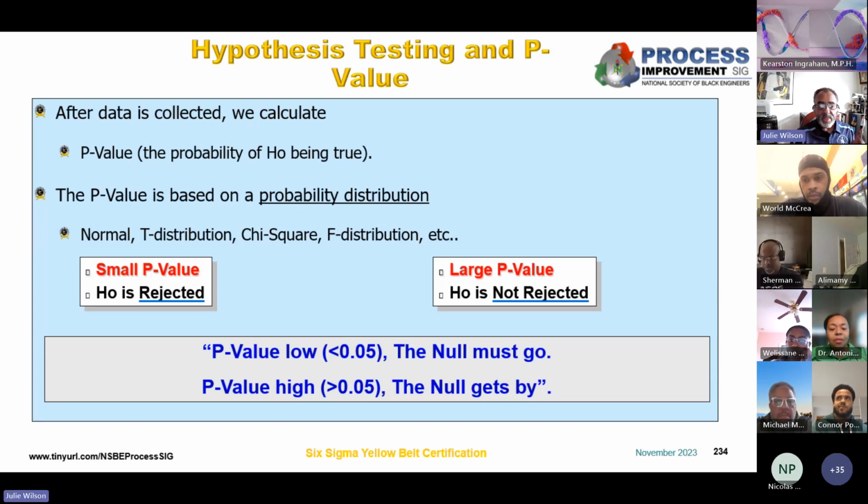And when the p-value is less than 0.05, it means there is sufficient data to suggest that you are not innocent. If the p-value is greater than 0.05, it means that they didn't prove that you're guilty. You might still be guilty, but they couldn't prove it, not with the data that they had. Questions so far?